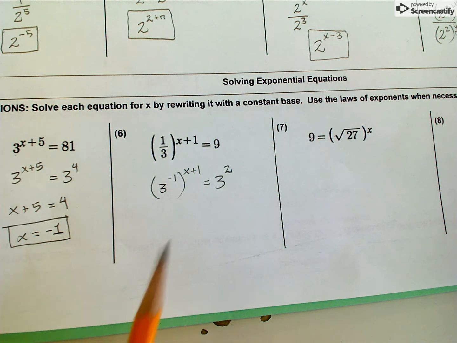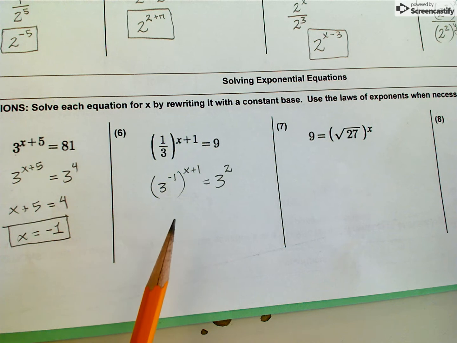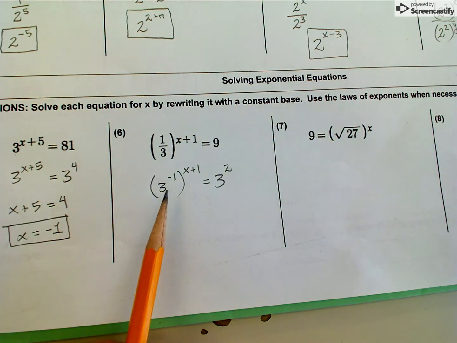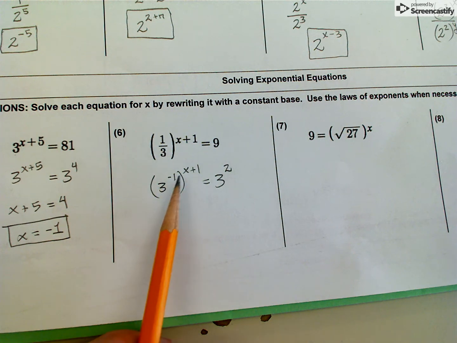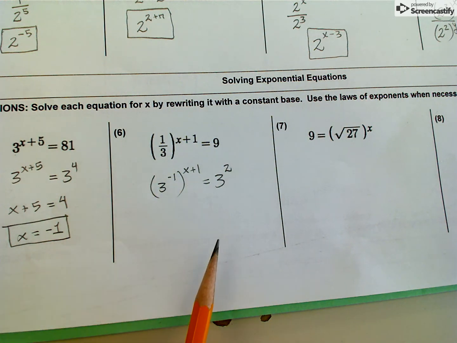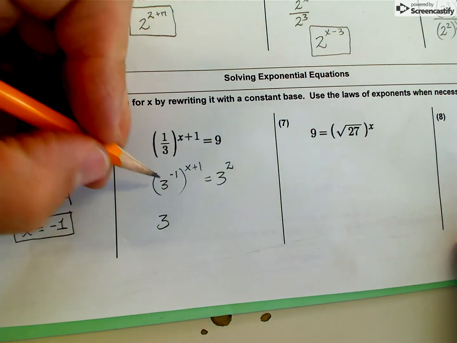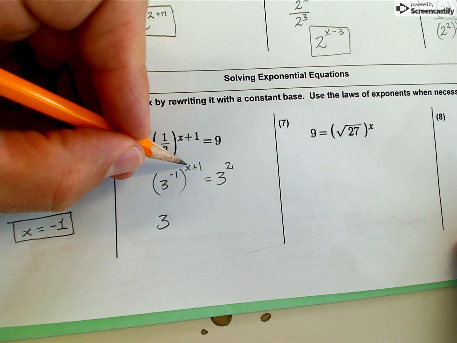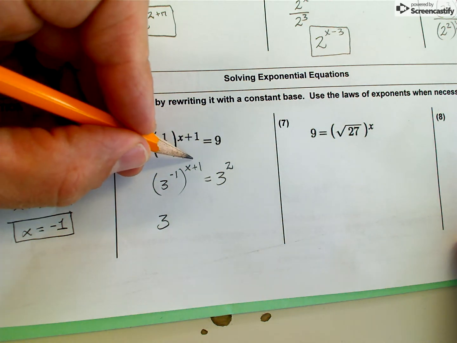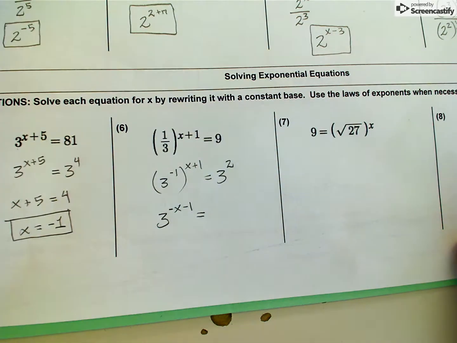So I'm almost there. I would like to get rid of these parentheses, so it's a good opportunity to use the power rule. If I raise a base to a power and then to another power, I can take the product of those exponents and rewrite this as, and I have to use the distributive property here, it's -1 times x plus -1 times 1, which leaves me with -x minus 1.